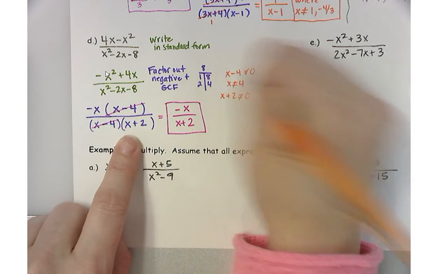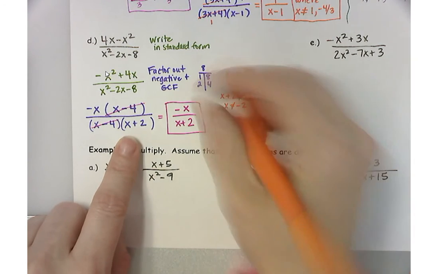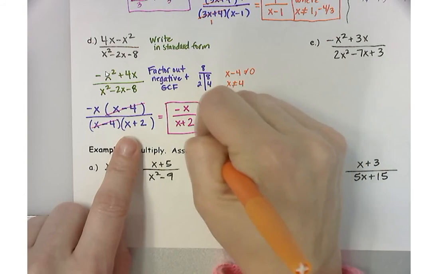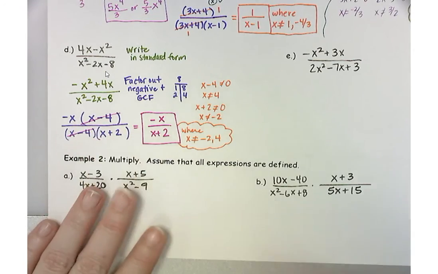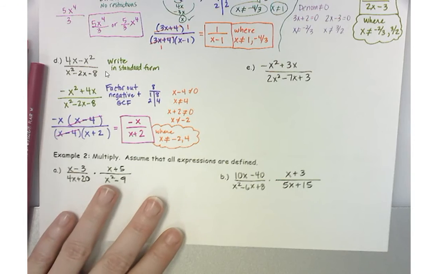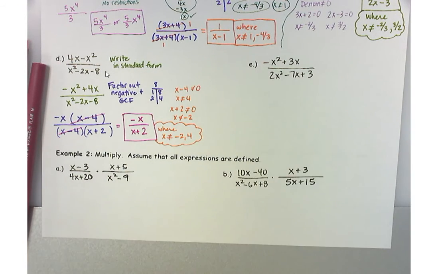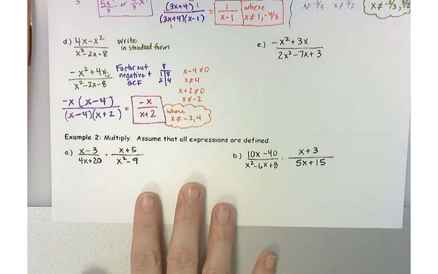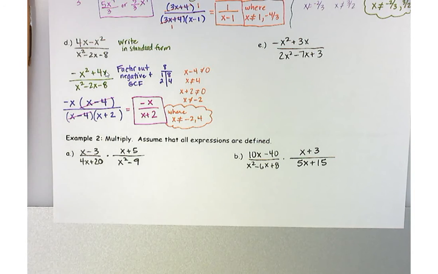Okay, so I want you to go ahead and try part E. Okay, so Kate, what did you do first for E?